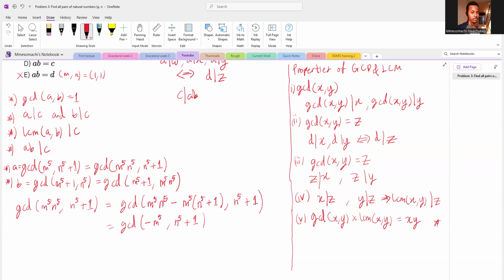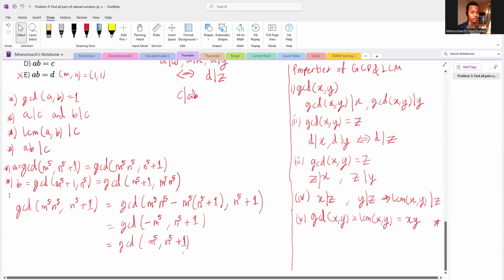Okay, so this is just the division algorithm, the reduction. And GCDs are always positive values, so this is going to be the same as, okay. So basically I've shown for the first one, and then the second one follows. Okay, so that's it. Then let's go to the next statement.